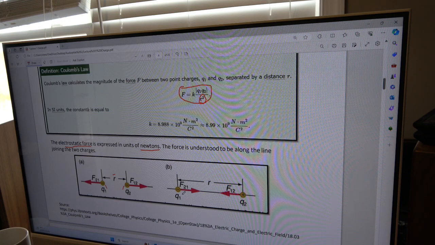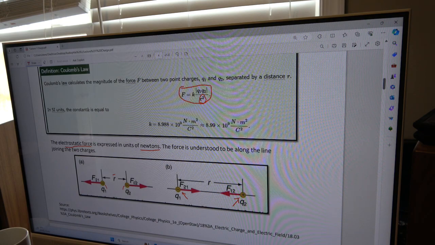The same exists over here, except let's say we have an electron and a proton, and they have opposite charges. That means they're going to attract each other. That's why the arrows are facing in. Same thing: the closer they get, the larger the force is going to be. The further apart, the less the attractive force is going to be.